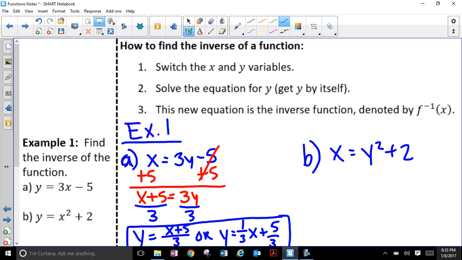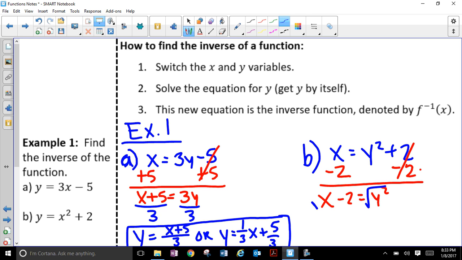Okay, what do we do first? We want to get y squared by itself. We need to get rid of this 2 first, so we do the opposite or its inverse operation. So that's gone. So then we get x minus 2 equals y squared. Okay, now how do I get rid of this squared here?